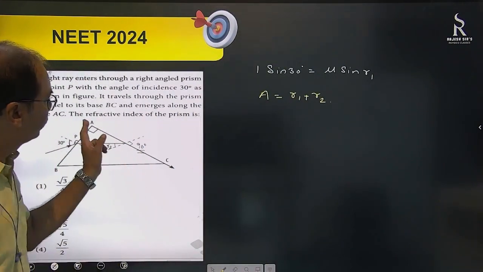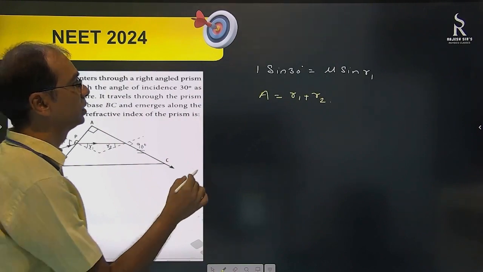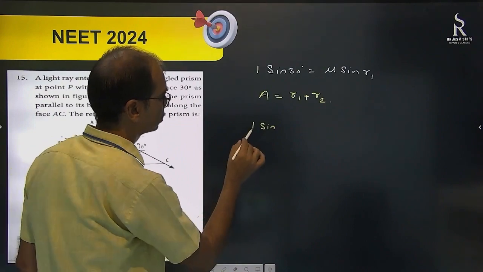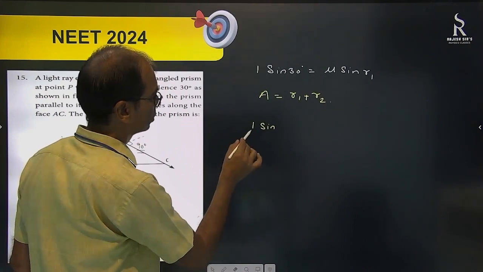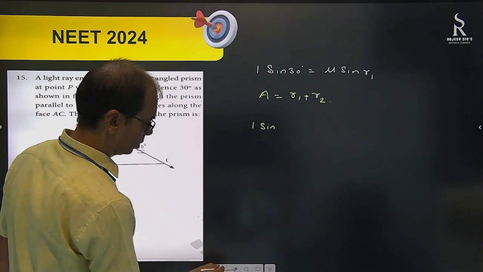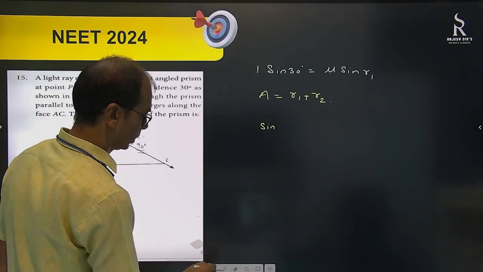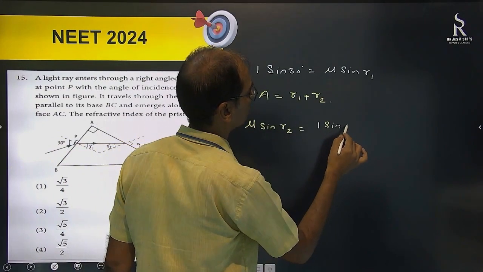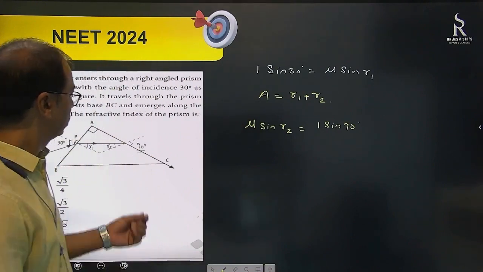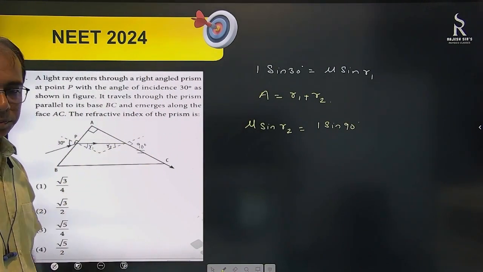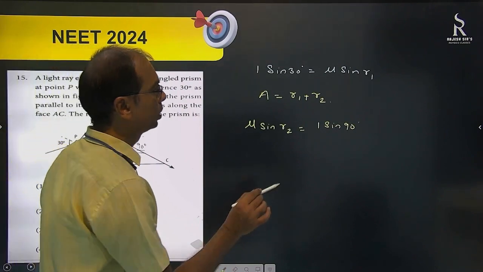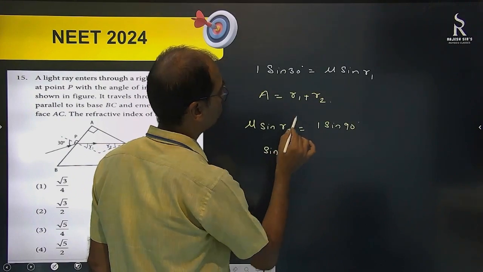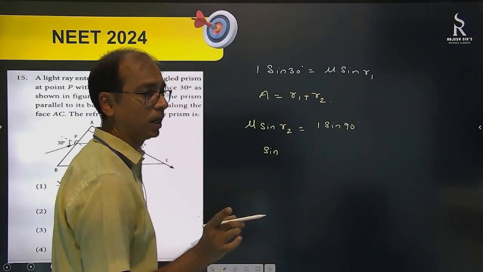The second relation I can write for this surface: mu sine R2 equals 1 sine 90, because the emergence angle is 90. Now R2 I can write as A minus R1, and A is 90.